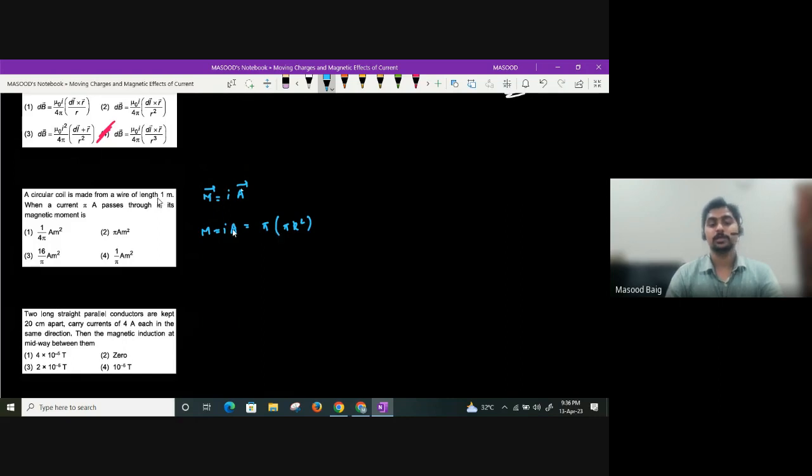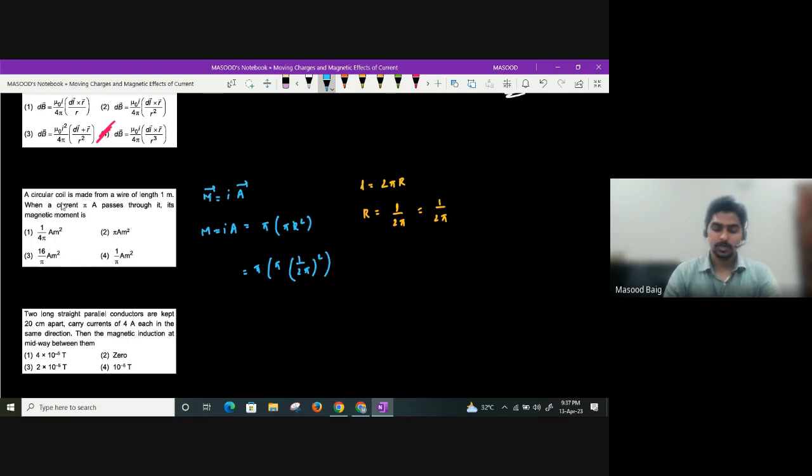So will length become equal to circumference or not? So what will the r value be, beta? L divided by 2 pi. Here it is 1 divided by 2 pi. So what are we going to get? Pi into 1 by 2 pi whole square.